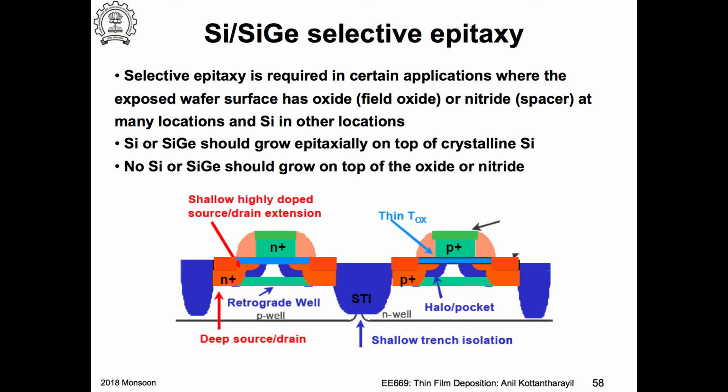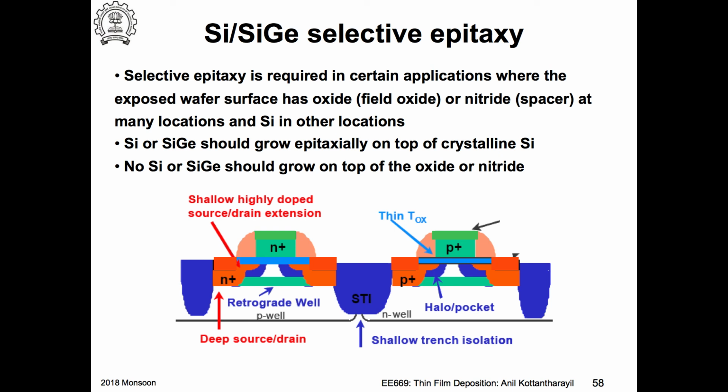The other is if I'm going to make this device on SOI, so here it would be thick oxide, right? And I should actually elevate the source drain to reduce the series resistance. There are two examples. So I want to grow these epitaxial layers of silicon or silicon germanium in select parts of the whole wafer. Okay.